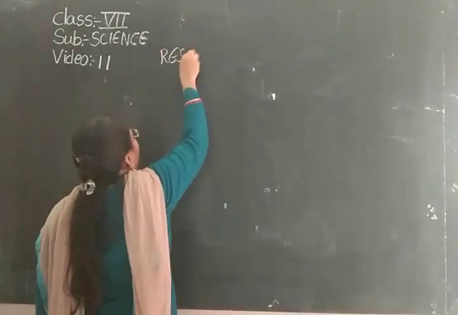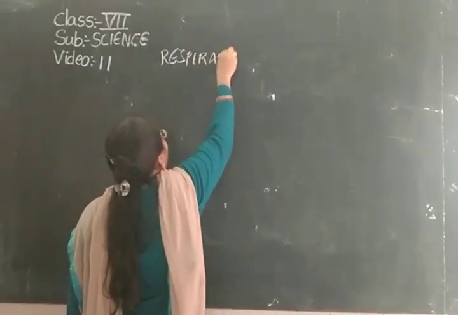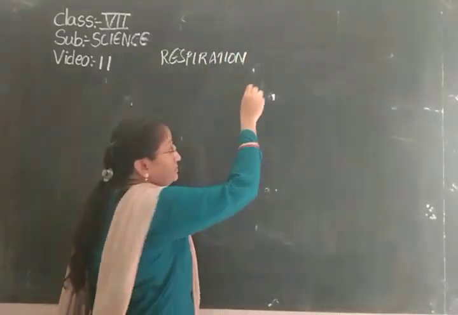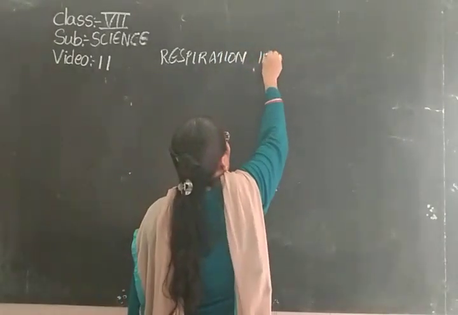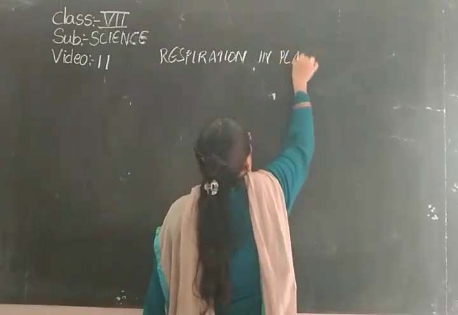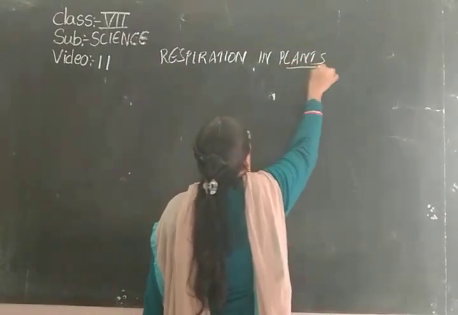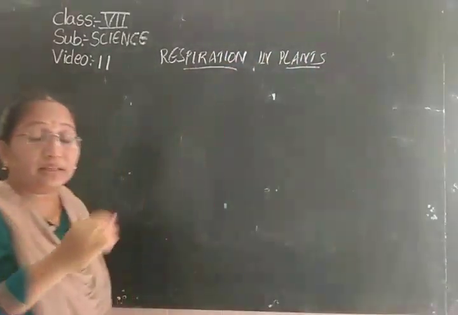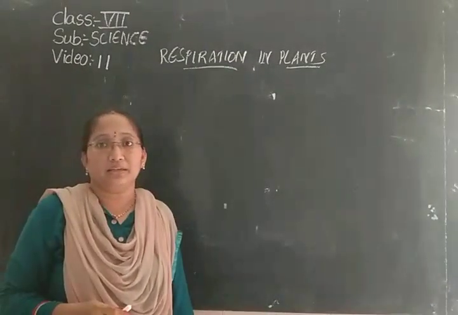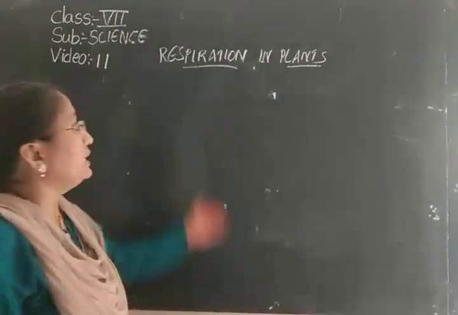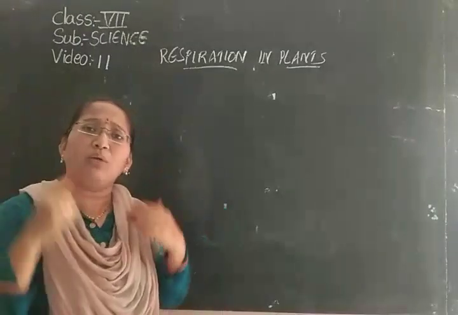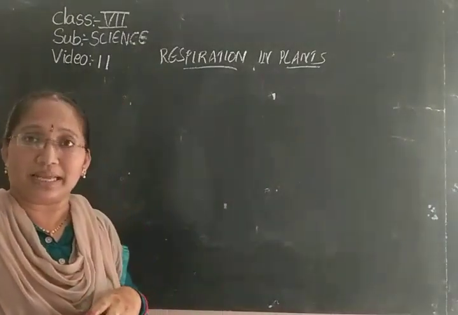Respiration in plants. So, respiration in organisms, the lesson. In that, how do human beings breathe? How do animals breathe? We have learned. Now let us see how respiration takes place in plants.